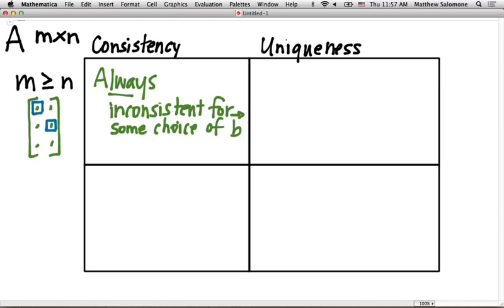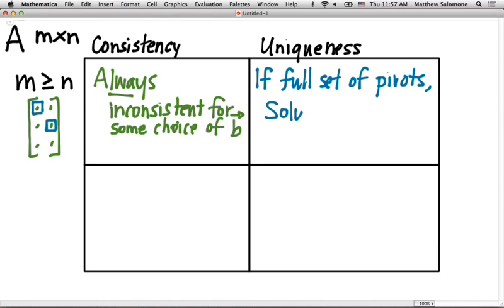So it is possible, again, if we have a full set of pivots, in other words, one in every column, then solutions, when they exist, will be unique. So we do have an if in this box, but that's okay.